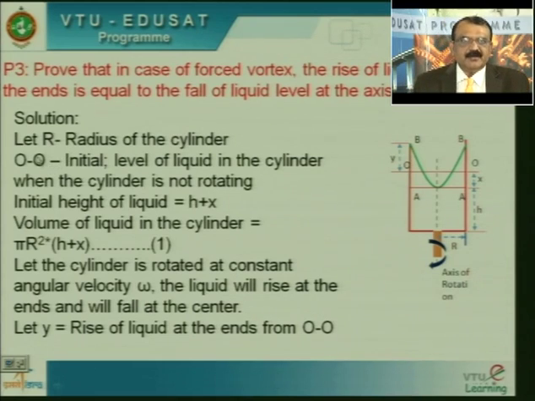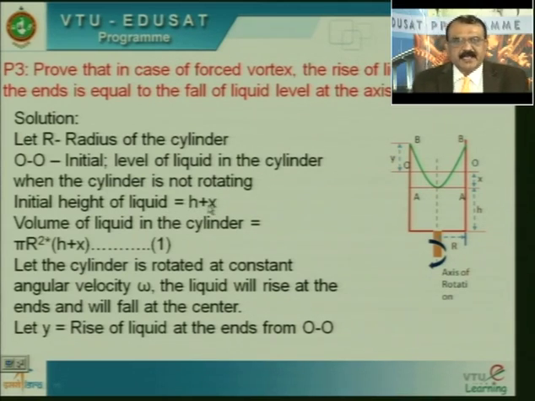Let R be the radius of the cylinder, and OO the initial level, the level of liquid in the cylinder when it is not rotating. So the initial height of liquid is h plus x.